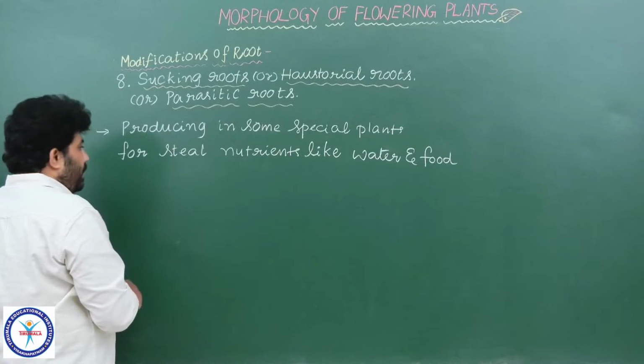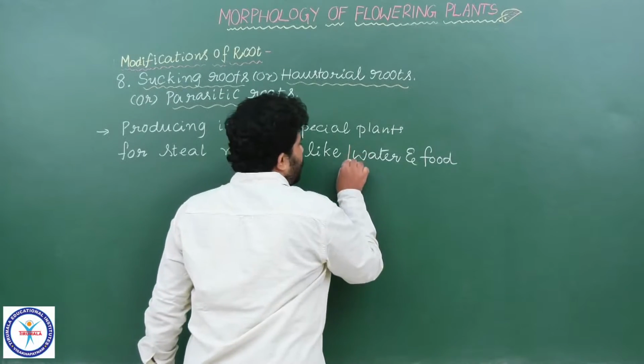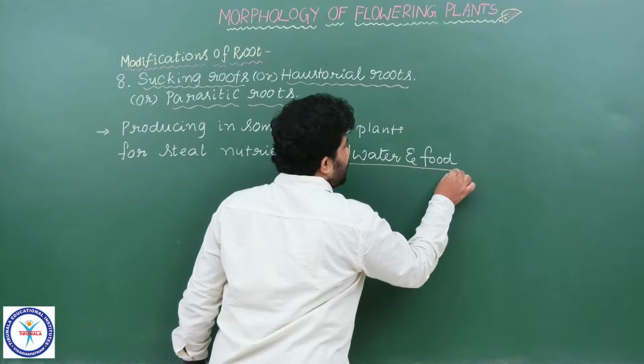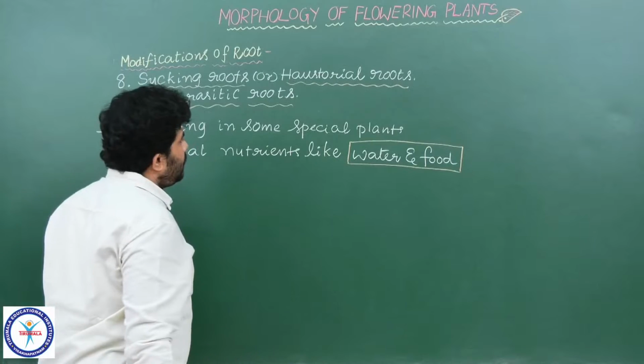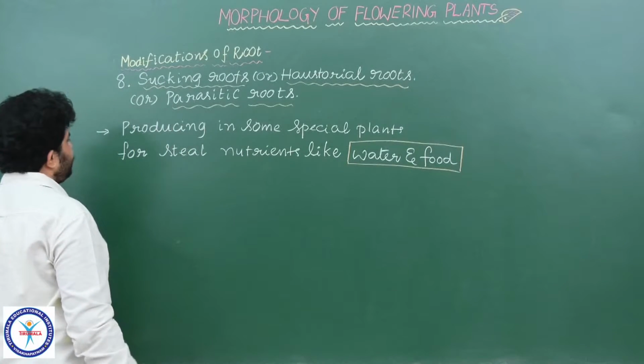These two are the main nutrients stolen from other plants by parasitic plants.